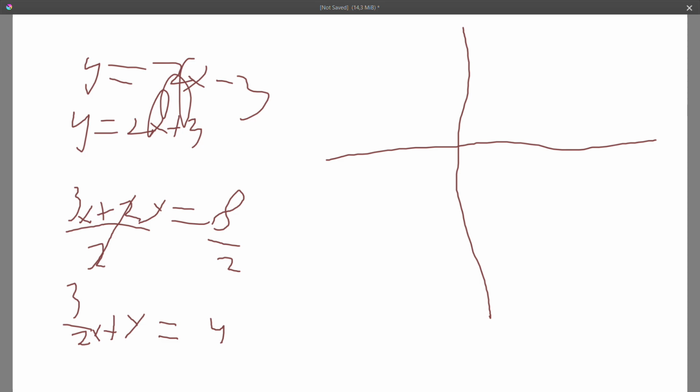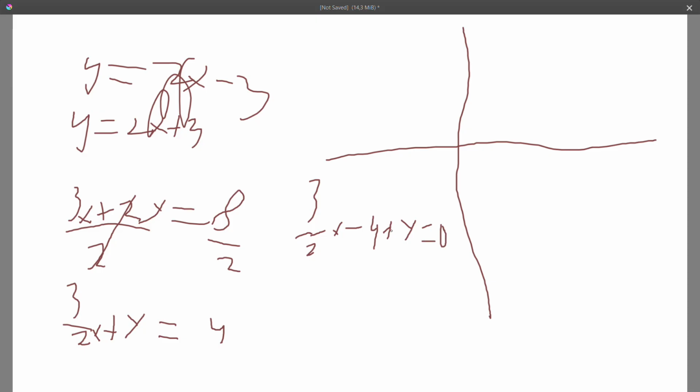So I get 3 over 2x minus 4 plus y is equal to 0. Still, I can't find the slope here.